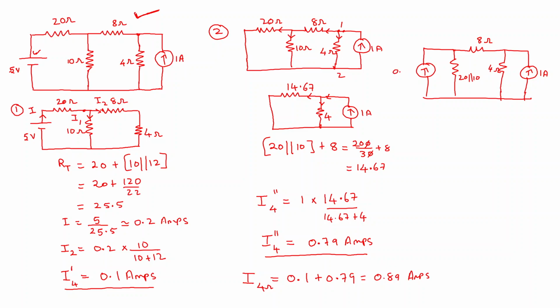It is 0.25 amps. You can use Kirchhoff's current law and a nodal analysis can be applied and find what is the current through 4 ohms. So this is like finding the current through 4 ohms when both sources are acting at a time. So students can check whether that comes to around 0.89 amps.